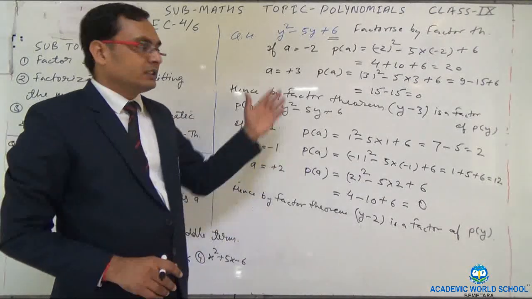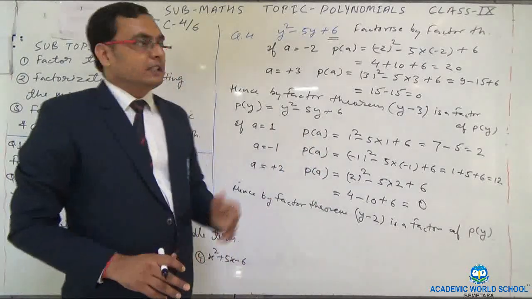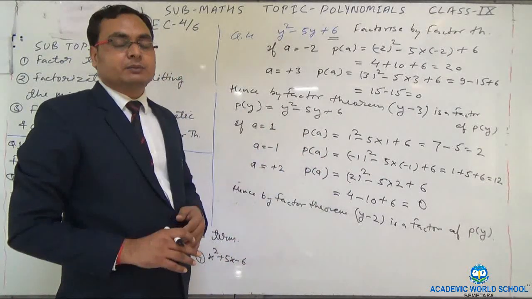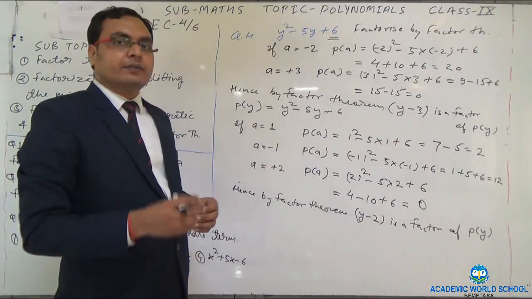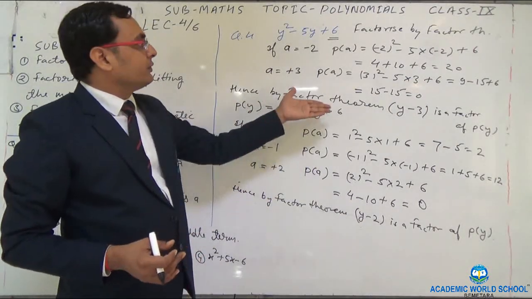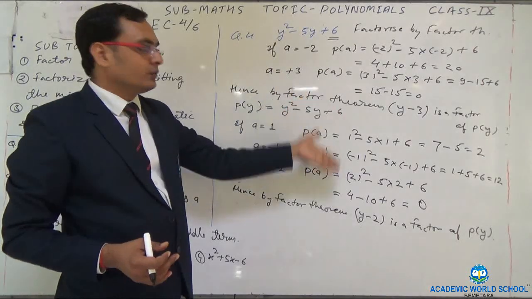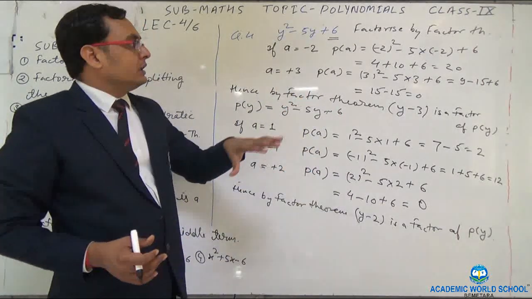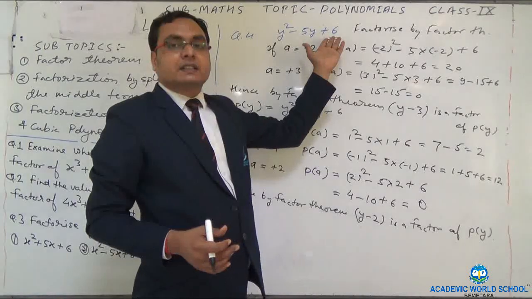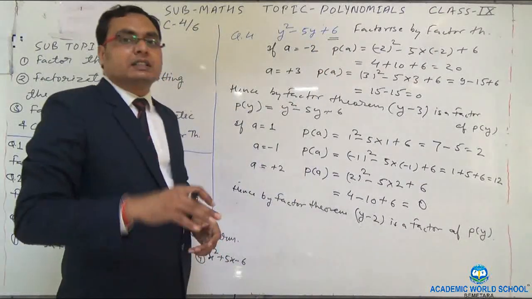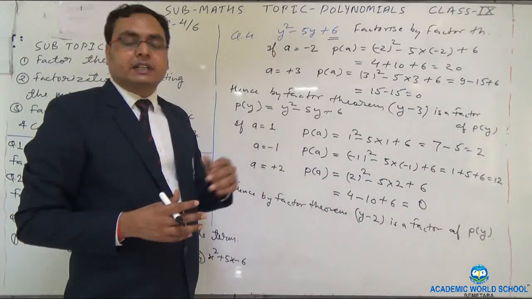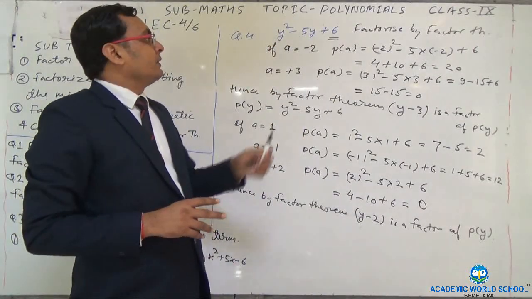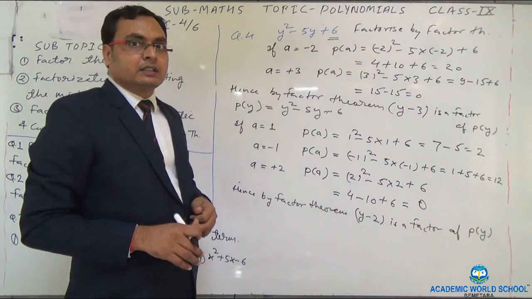You have already seen this is a long method because we have to try each possible value of a to find the factors. We got these two factors at the fourth and fifth tries. But if the constant term is large, here this 6 is a small number, but suppose it is 120, then we have to check so many values to find both of these factors.